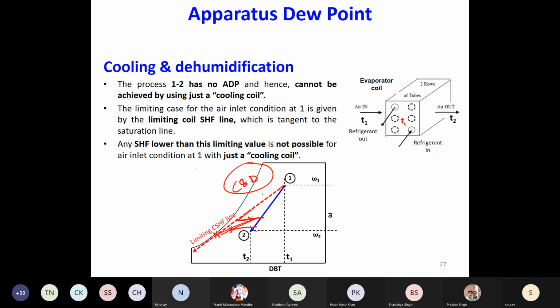How many processes you will require depends first on the slope of this blue line, and second on the limiting CSHF line, which is the limiting coil sensible heat factor line. So this is the limiting process line that you can have in your single cooling and dehumidification coil.